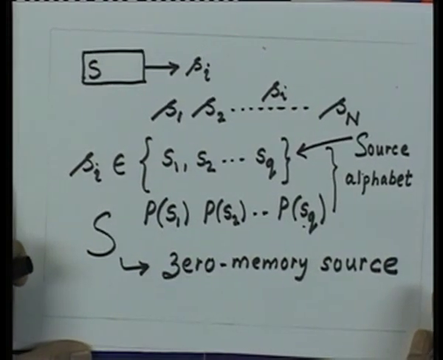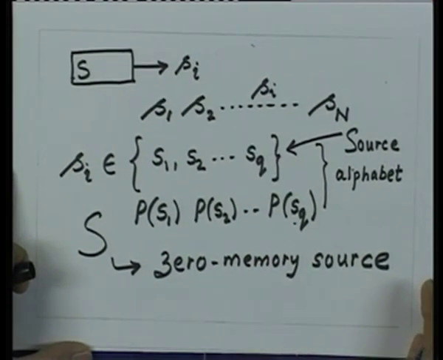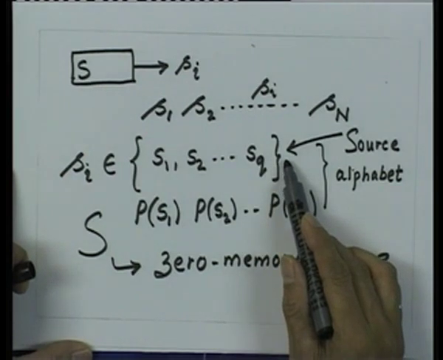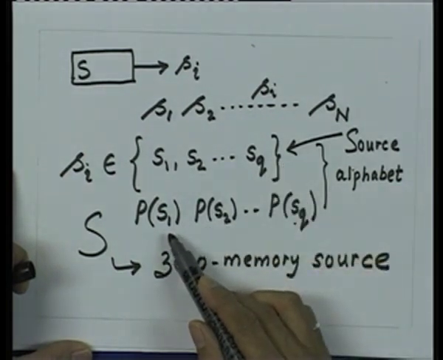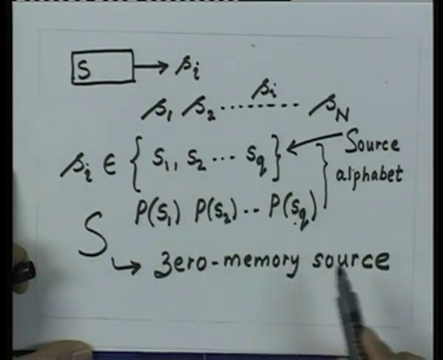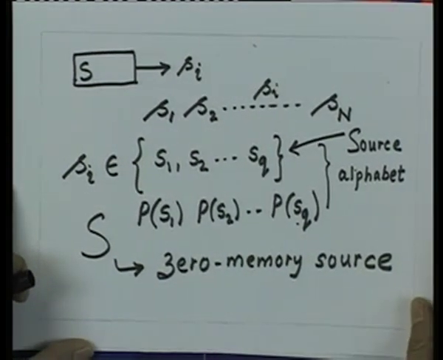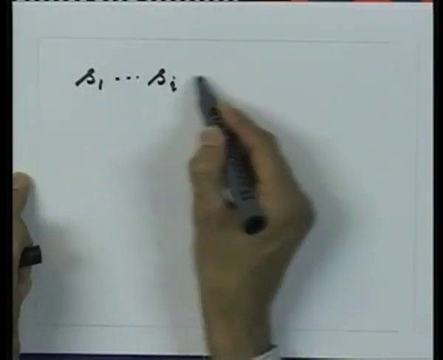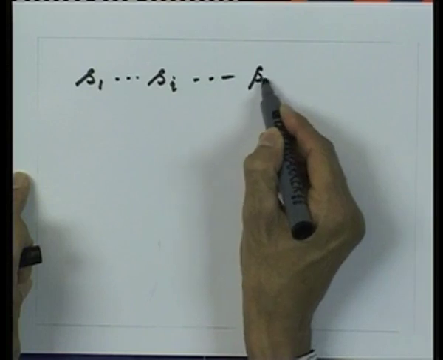So, let us see whether we can assign some kind of a measure of information to a zero memory source, which is given by the source alphabet and the probability of occurrence of each symbol in that source alphabet. As I have said, let me assume that the string goes from S1, Si up to Sin.